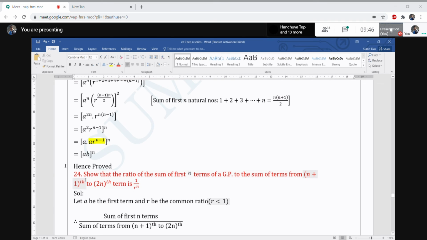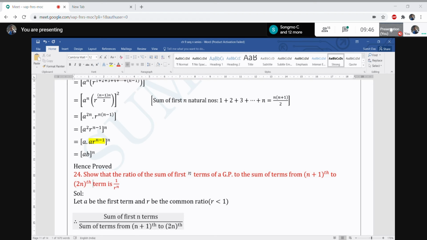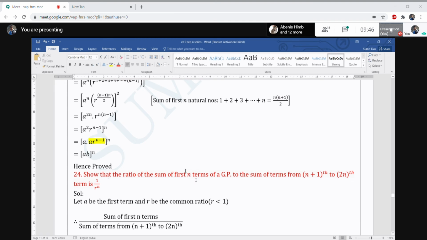What is the question saying? Show that the ratio of the sum of the first n terms of a GP to the sum of the terms from n plus 1 to 2n term is 1 by r to the power n.